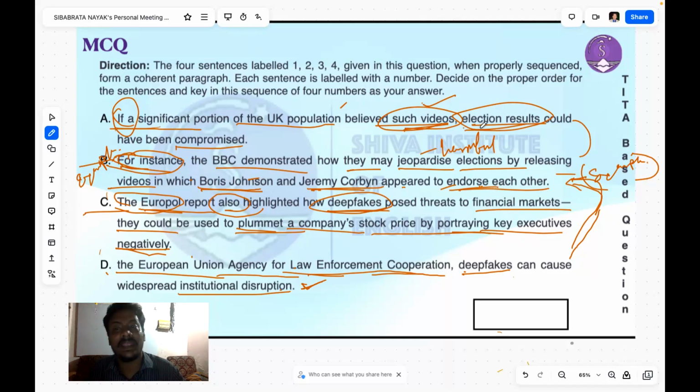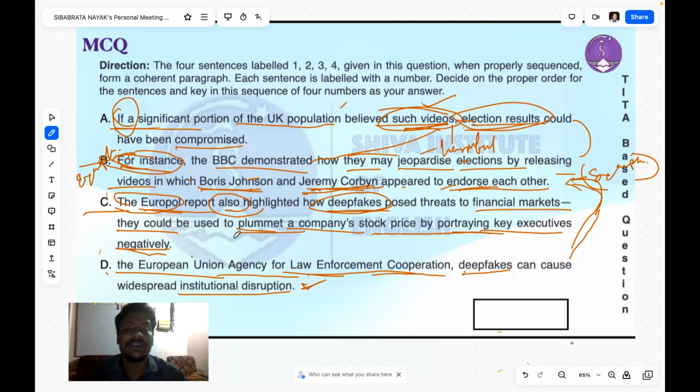And A said, if a significant portion of the UK population believed such a video, the video that BBC demonstrated on Jeremy Corbyn and Boris Johnson, isn't it? If they believed, right, the election result could have been compromised. So in that case, we can clearly get the idea that B and A make a clear idea that D points to the European Union Agency for Law Enforcement Cooperation.